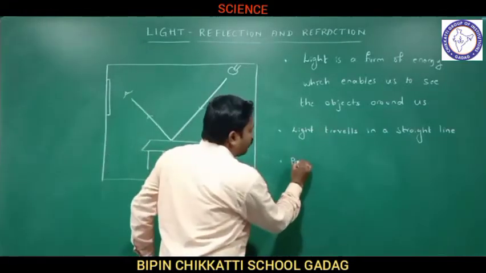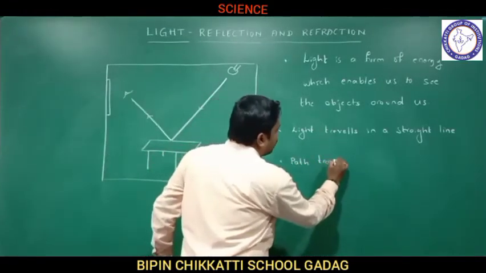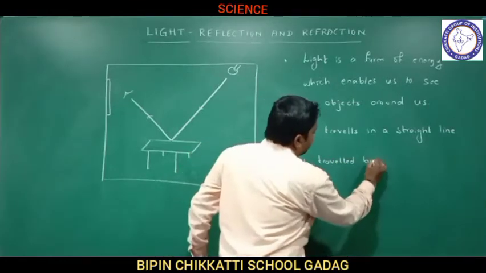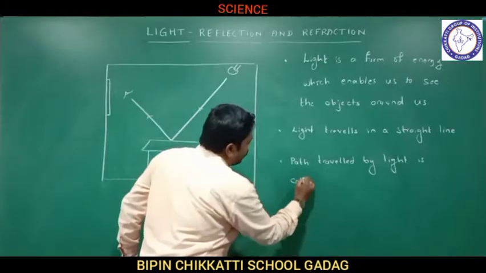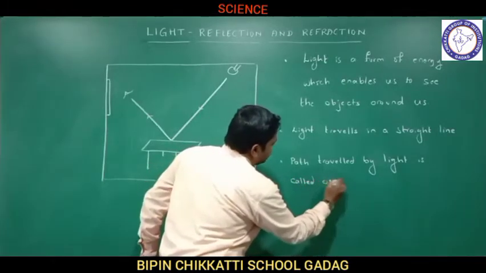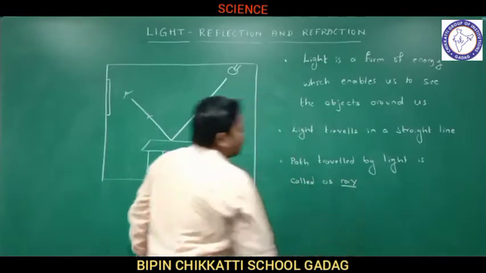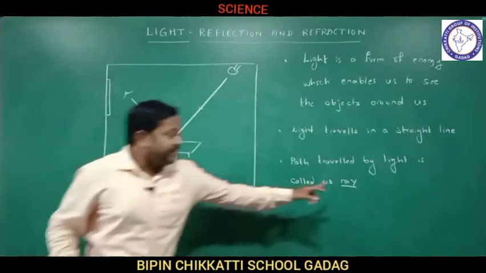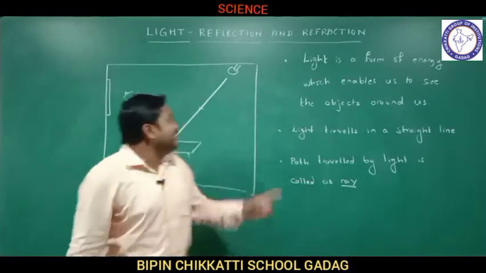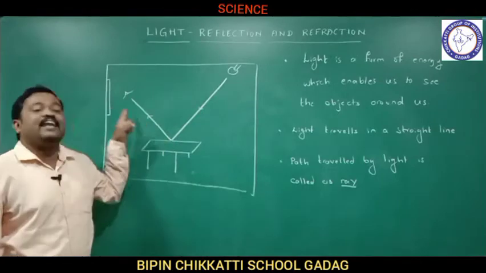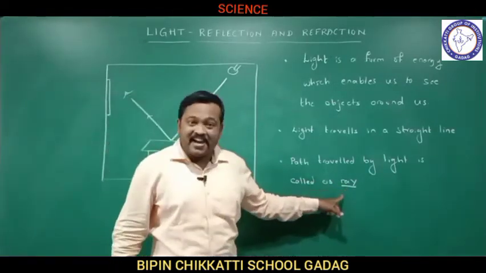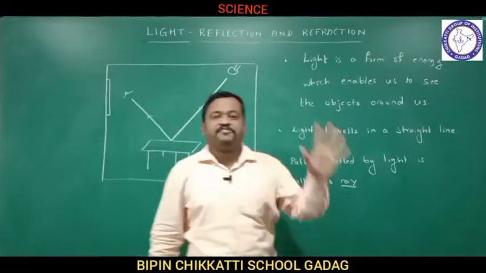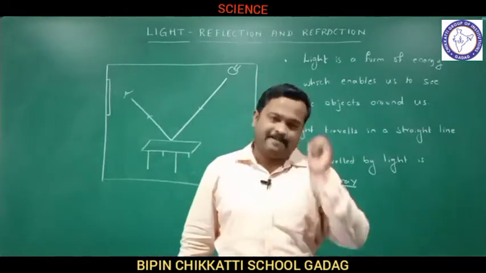Another thing, the path traveled by light is called as what? Ray. Whenever I speak about the ray of light, what is a ray? It is the path traveled by light. And do remember, light always travels in a straight line.